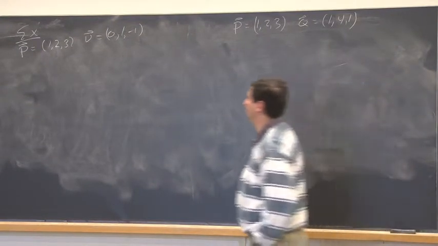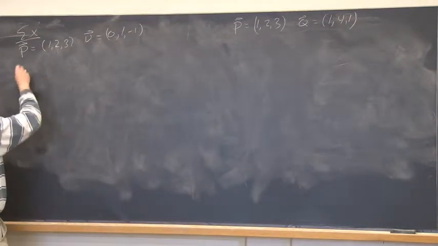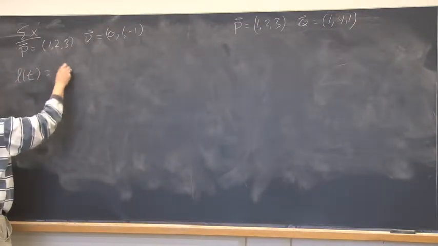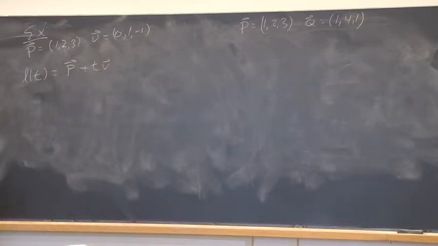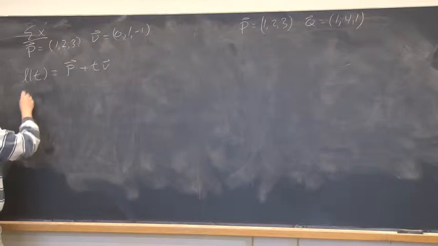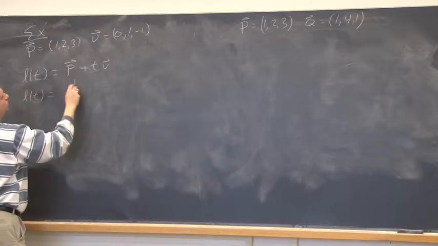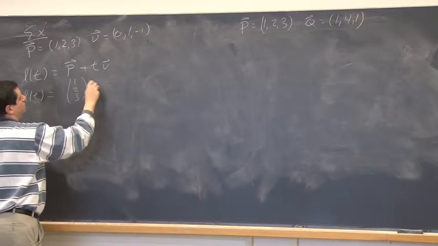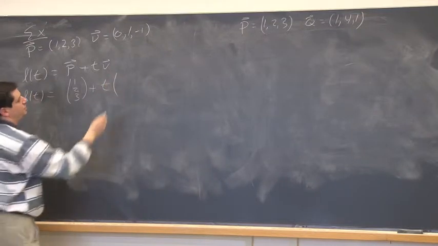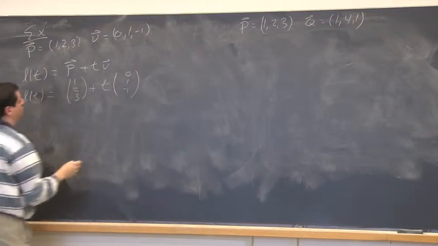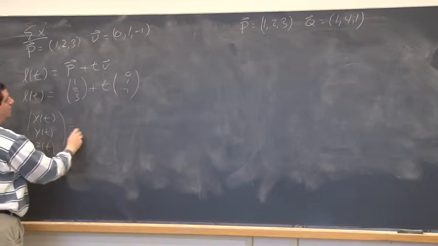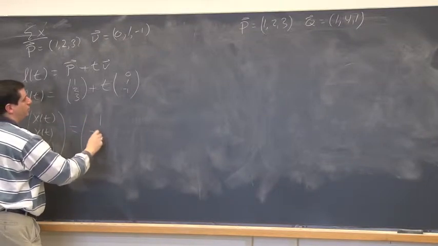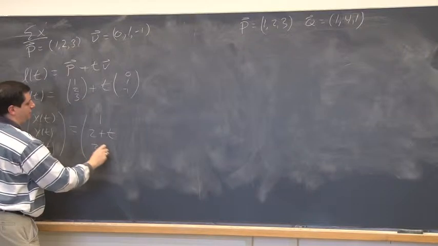All right, let's see what we have. L of t is just P plus T times V. So we get L of t is 1, 2, 3 plus T, and my vector V is just 0, 1, negative 1. So x of t, y of t, z of t is going to be 1, 2 plus t, 3 minus t.